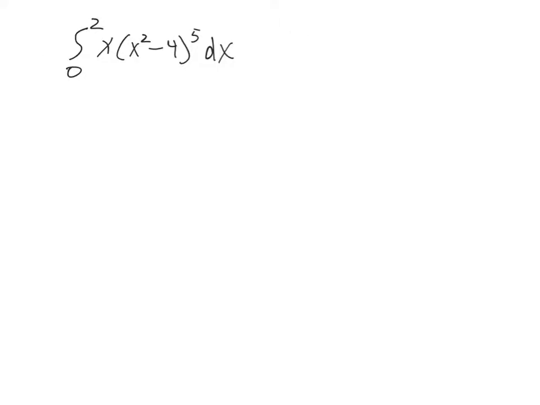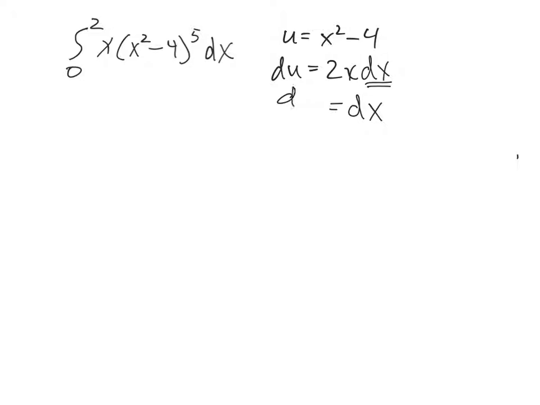Now the alternative to the direction we went on the first page will show up in solving. We still do the substitution, and this time we get du equals 2x dx, and we're going to solve this for dx only, and that will leave us with du over 2x.